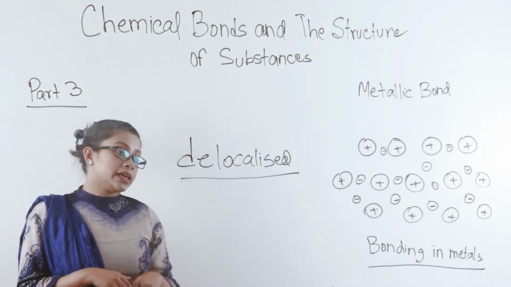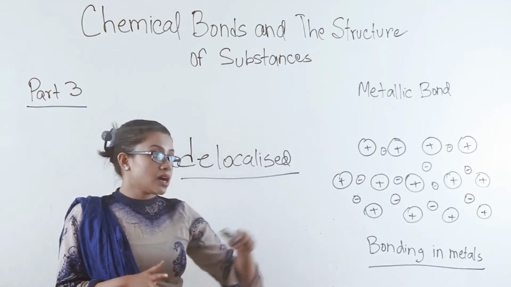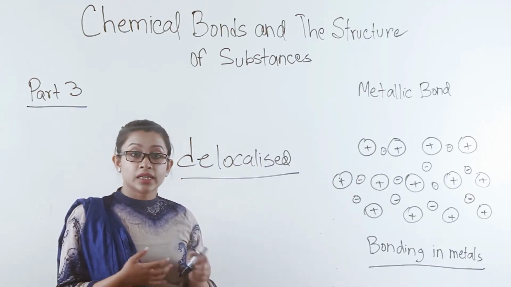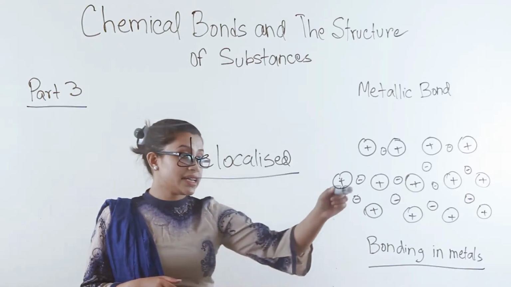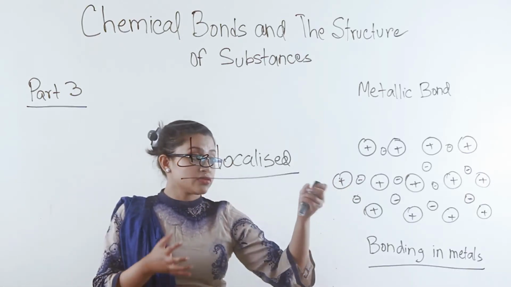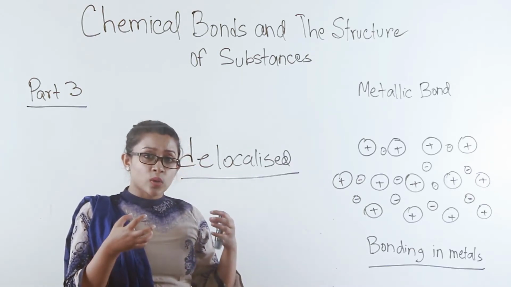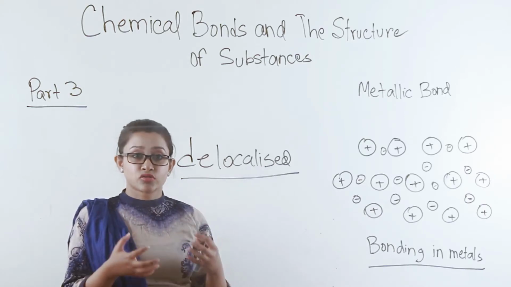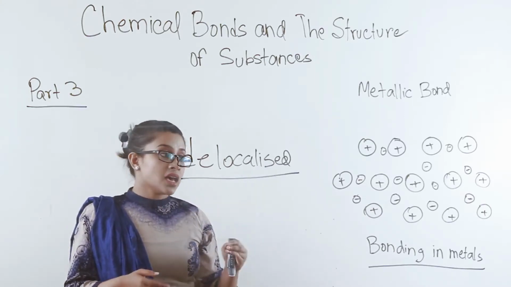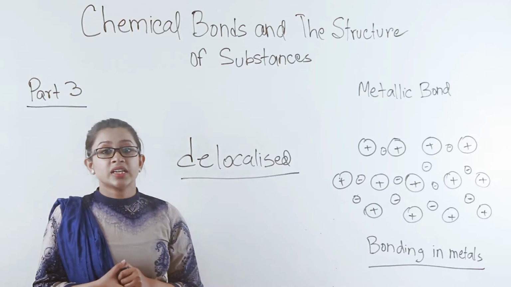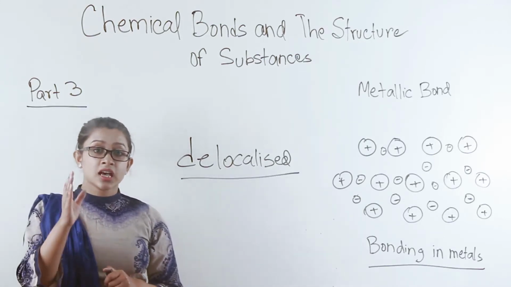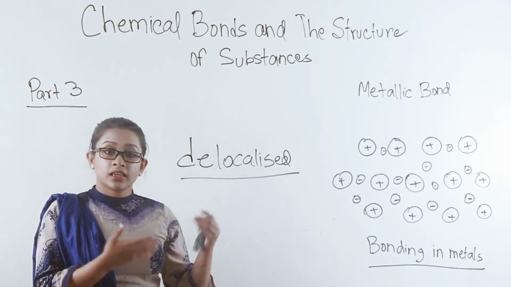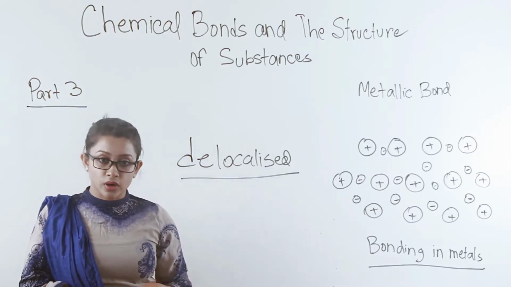And in a metallic bond, because the electrons are moving about, there is a strong electrostatic force of attraction between a negative electron and a positive ion. This allows the metals to have very strong bonding, and thus metals end up with very high melting and boiling temperatures, something that we discussed over and over when we were learning about ionic and covalent bonds.